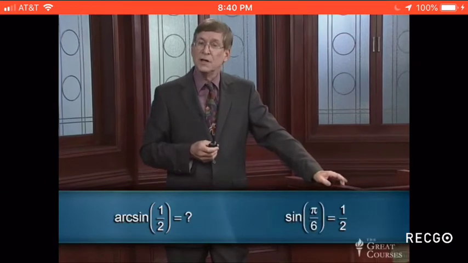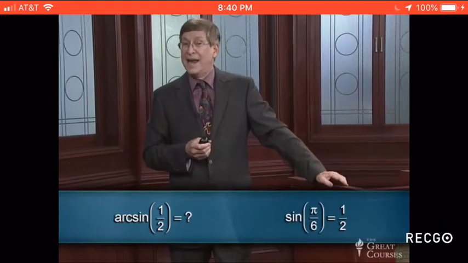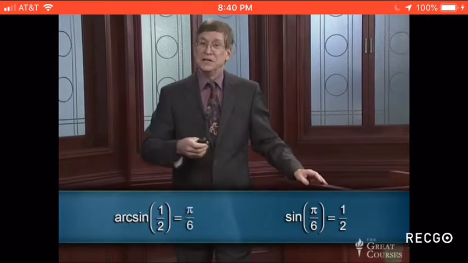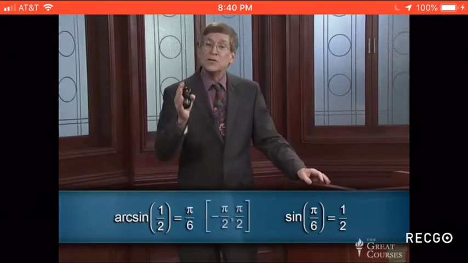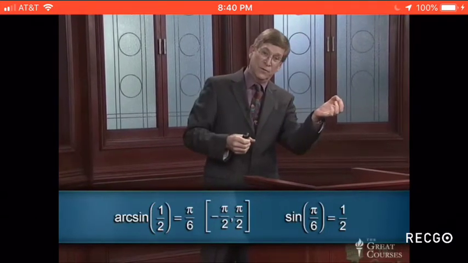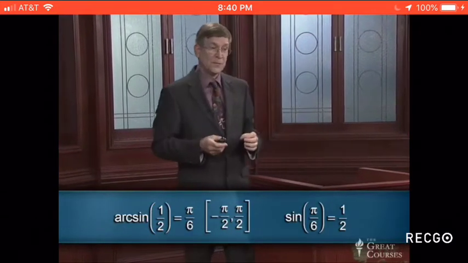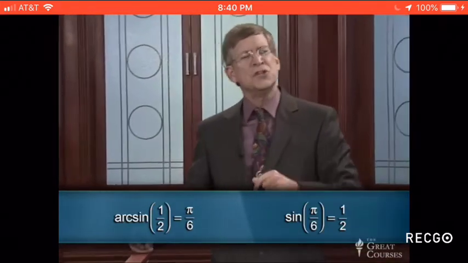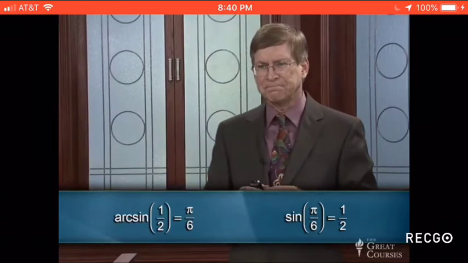Pi over 6. The sine of pi over 6 is a half, so the inverse sine of a half is pi over 6. And notice that pi over 6 lies in the correct interval, minus pi over 2 to pi over 2. So we say arcsine of a half is pi over 6, and you can check that with a graphing calculator.